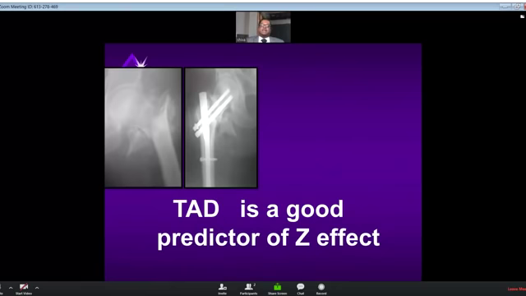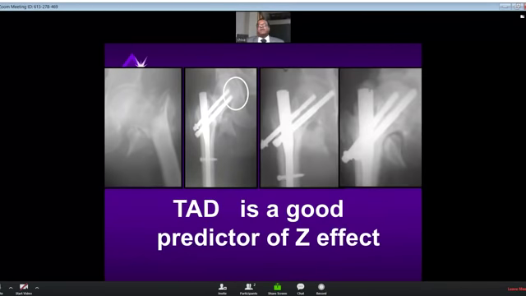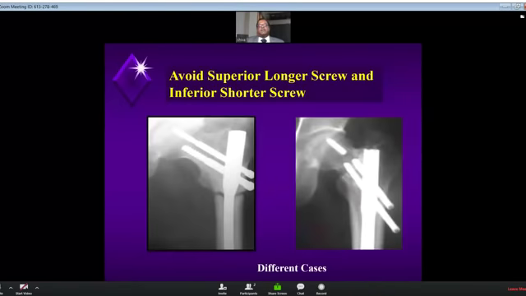Here you can see the same case which I had shown earlier. The tip apex distance of the main cervical screw or the inferior screw is long. Because of the longer tip apex distance, the fracture has gone into the Z effect. So TAD is also a good predictor of Z effect.